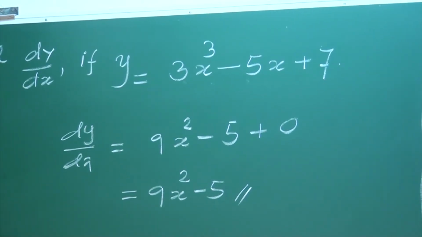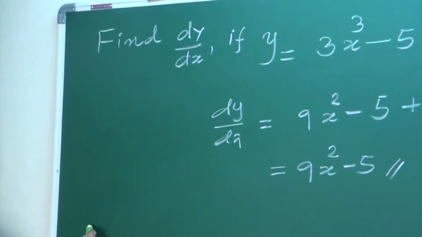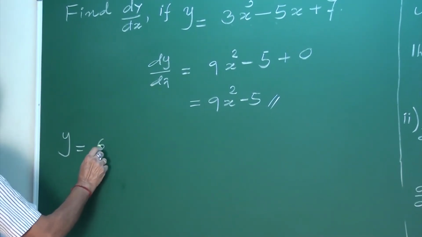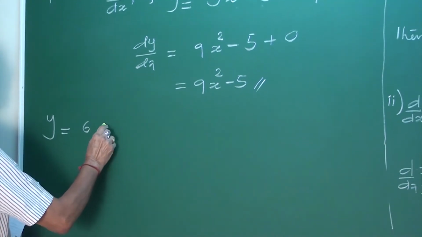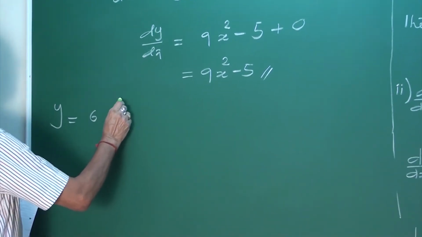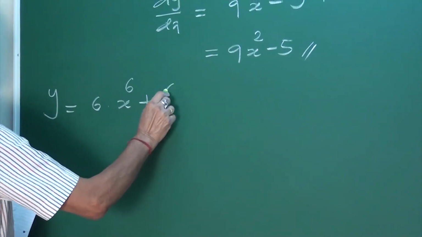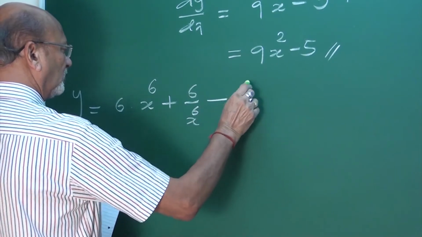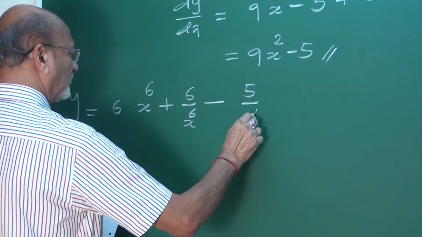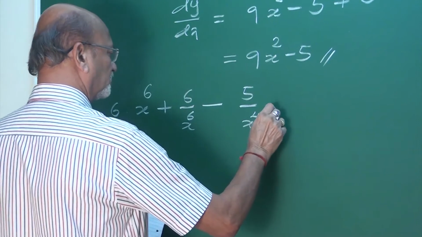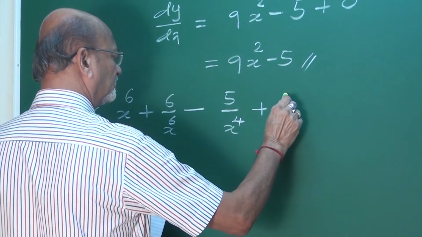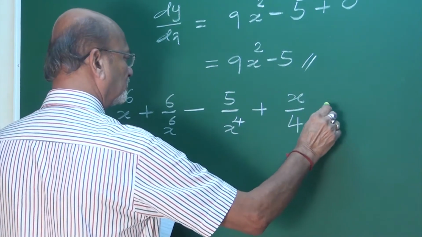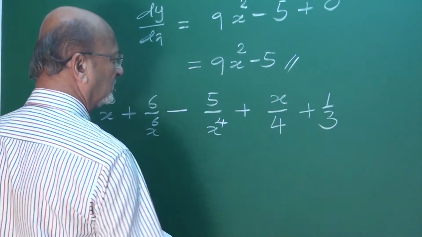Next one, y equal to 6x to the power 6 plus 6 upon x to the power 6 minus 5 upon x to the power 4 plus x upon 4 plus 1 by 3.